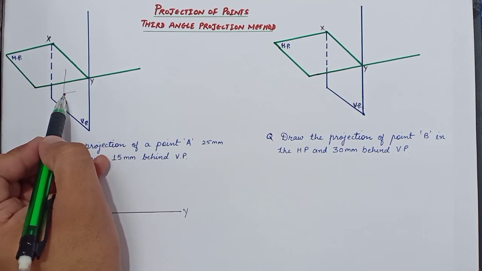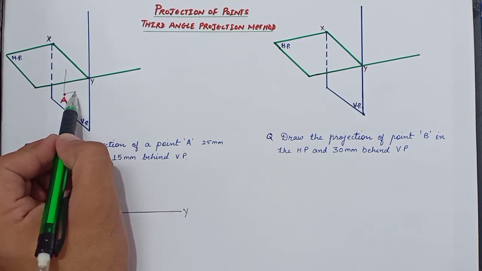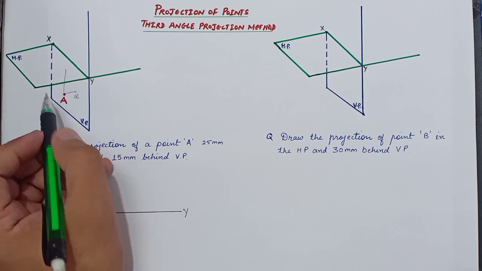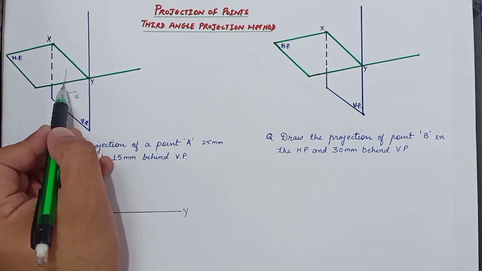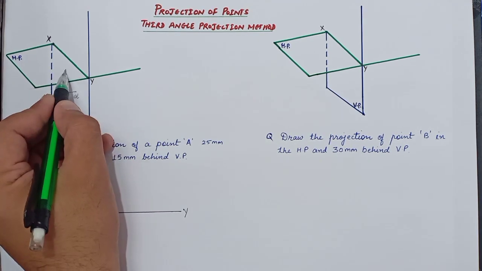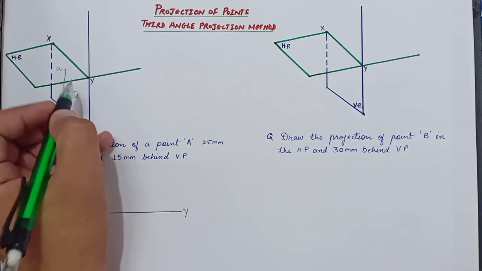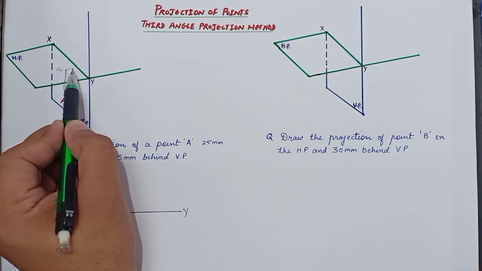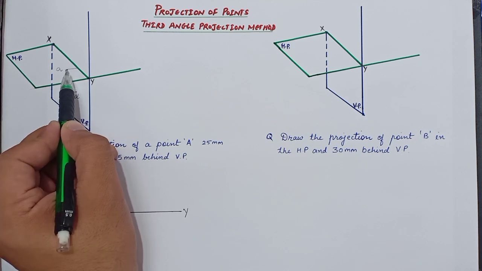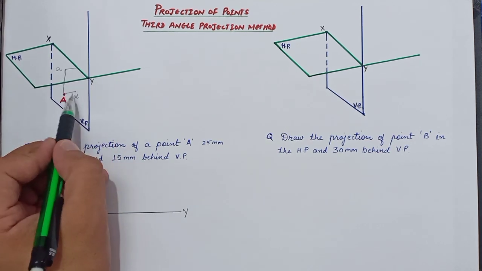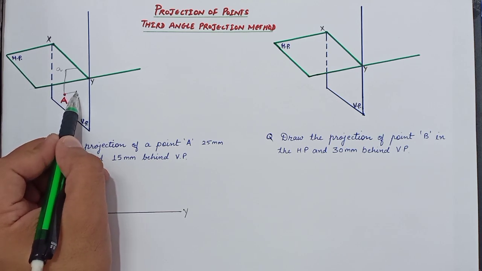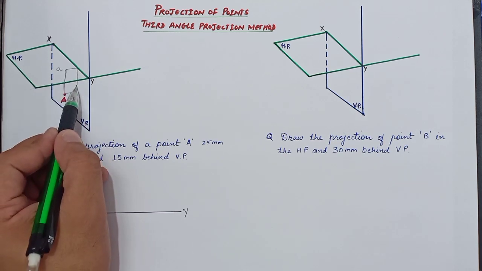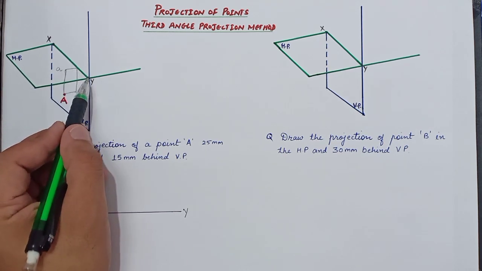So the point A, when extended on the vertical plane, will give us a point A dash, and point A when extended on the horizontal plane will be point A. Now connect this point A with the XY line by drawing a line perpendicular to the XY line. Then connect point A dash to the reference line XY such that this line is also perpendicular to the XY line.